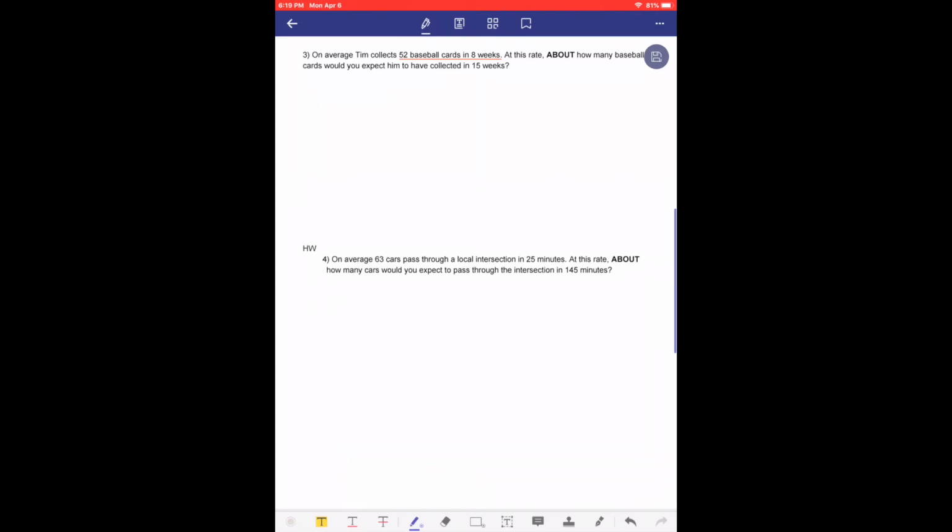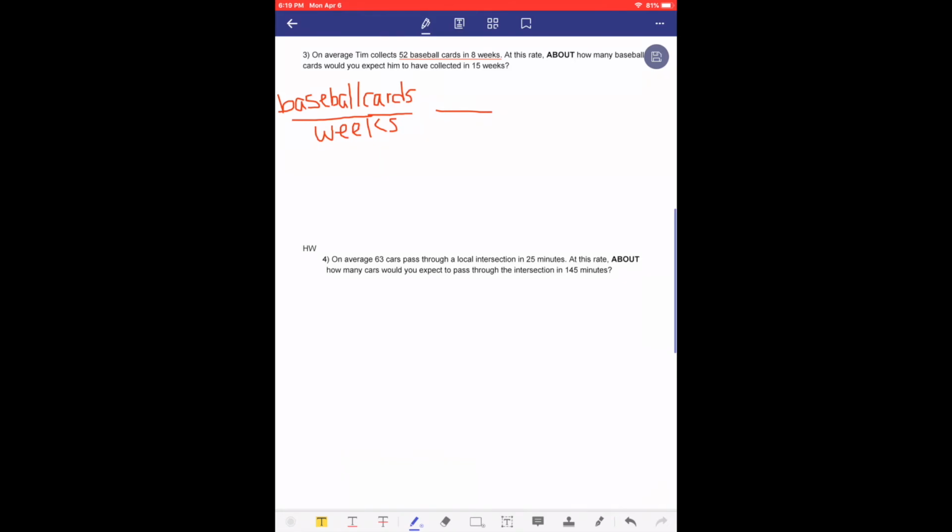So as a proportion, I would know that weeks goes on the bottom because that's a form of time. So baseball cards has to go on the top. Baseball cards over weeks.